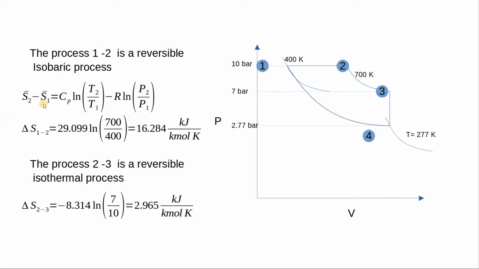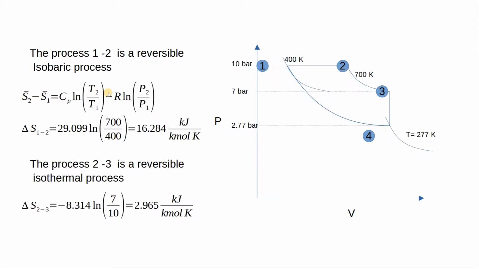For this, S2 minus S1 is equal to Cp ln T2 by T1 minus R ln P2 by P1. So therefore, delta S12 is nothing but 16.284. The P2 by P1 term is eliminated because the pressure is the same. The process 2-3 is a reversible process, but it's an isothermal process.